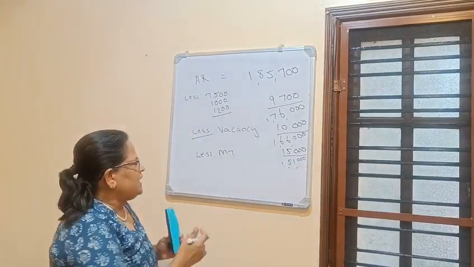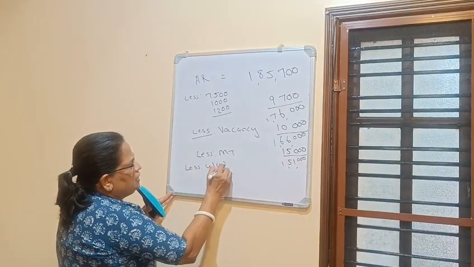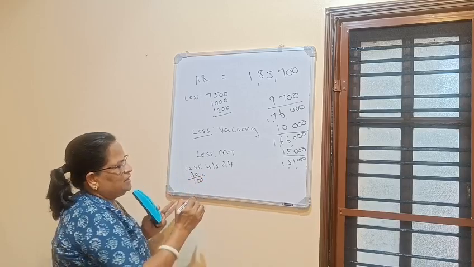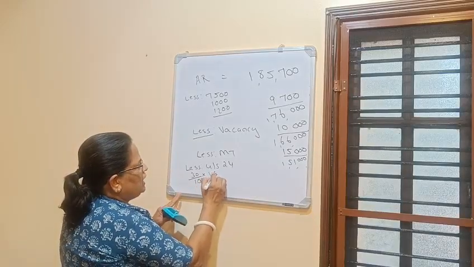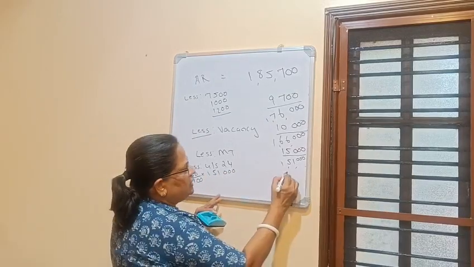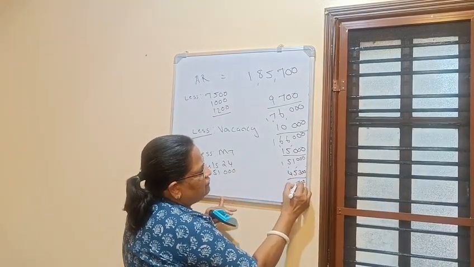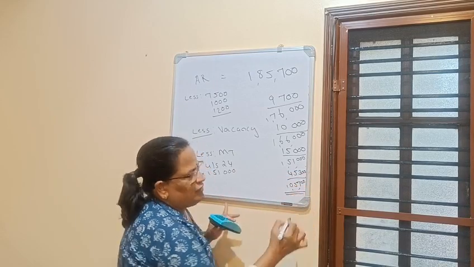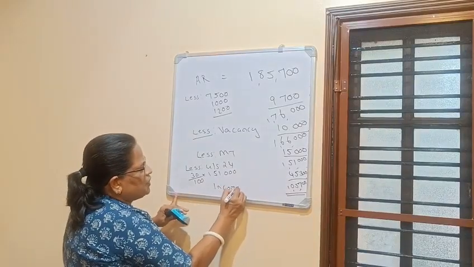Now we have to reduce the standard deduction. Always remember, standard deduction will not be mentioned in the question. You have to remember, for let out house property, whether the assessee has claimed any expenses or not, we have to reduce it. 30% of 1,51,000 is 45,300. So the income from house property is 1,05,700. So this is the income from let out house property.